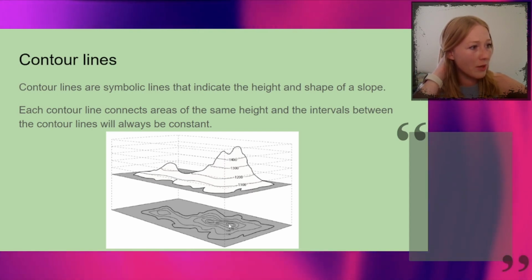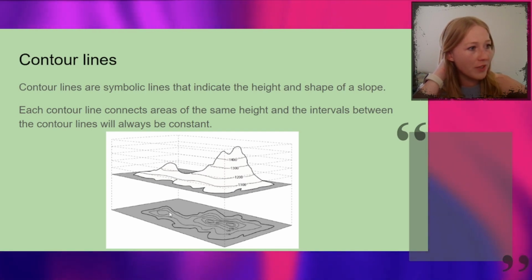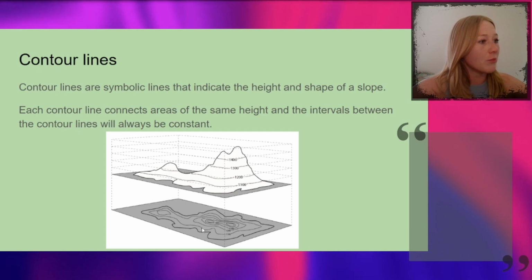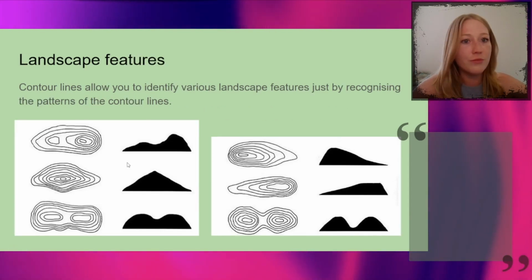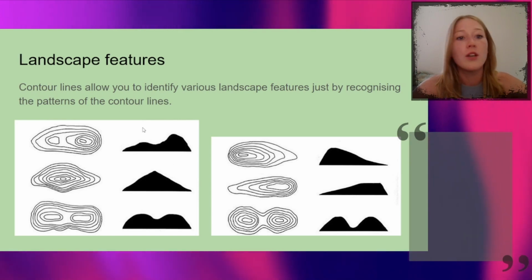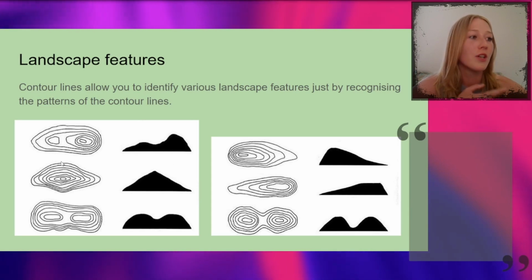Here you can see the closed loop at the top of a hill or a mountain. But you can also see these numbers.